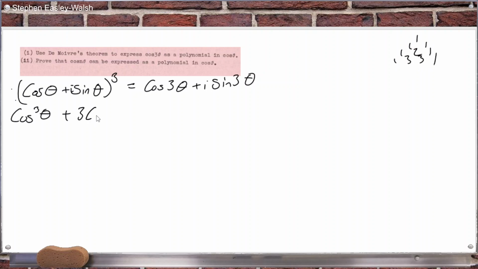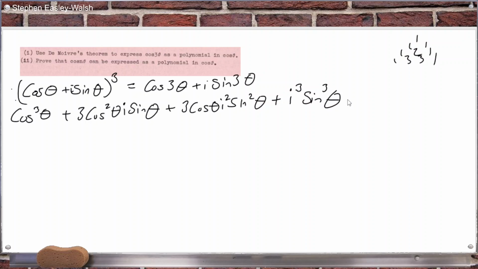Plus 3 cos squared theta times i sine theta, plus 3 cos theta times i squared sine squared theta, plus i cubed sine cubed theta.